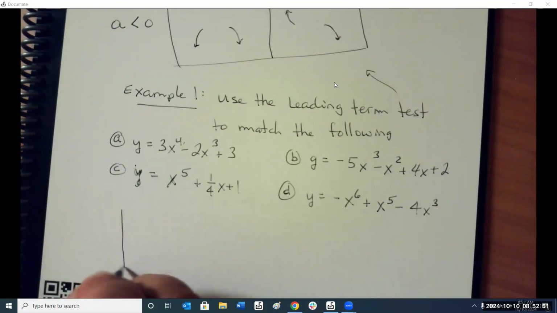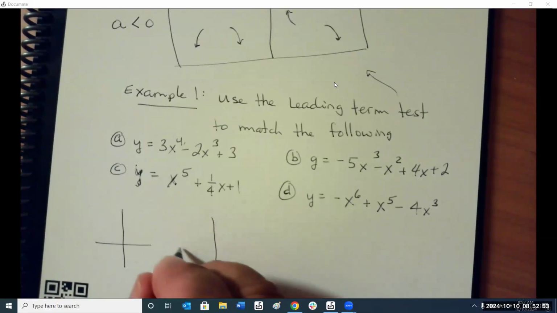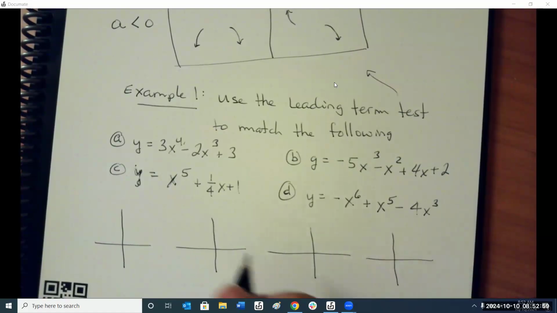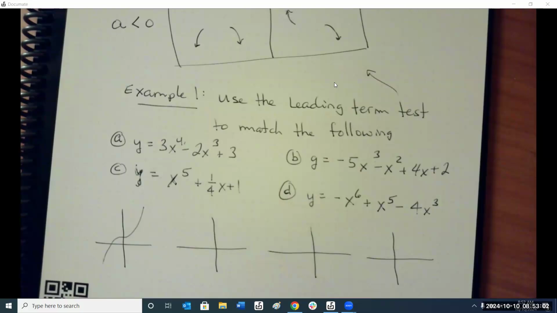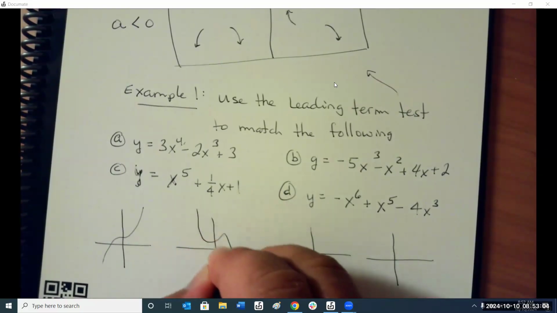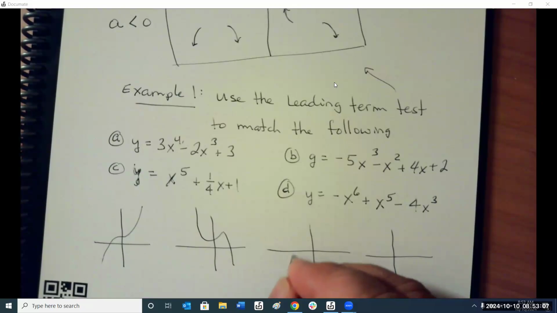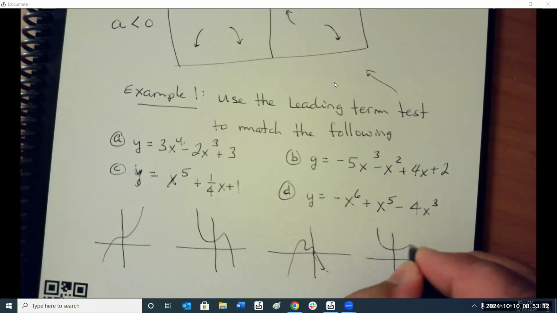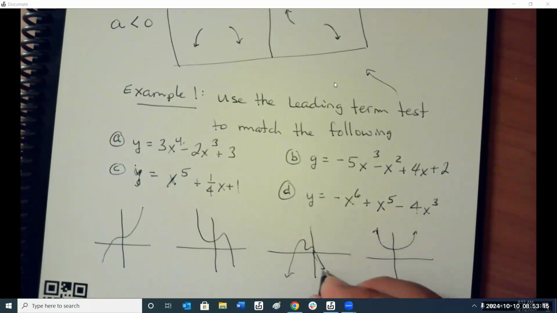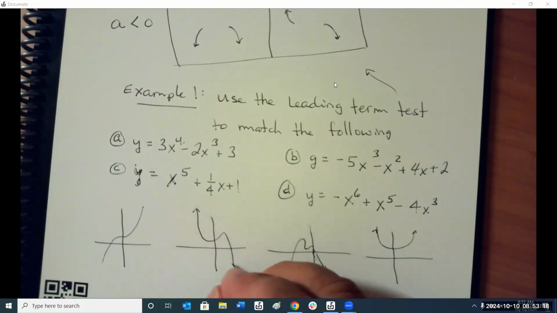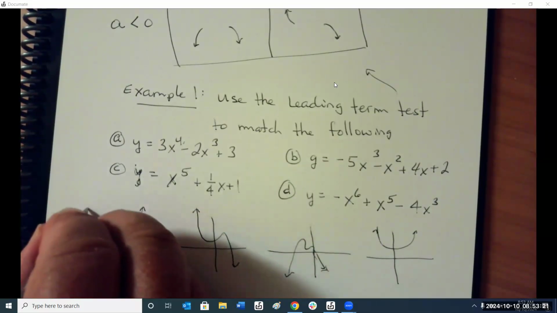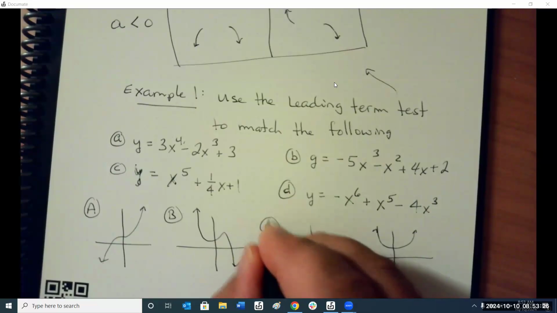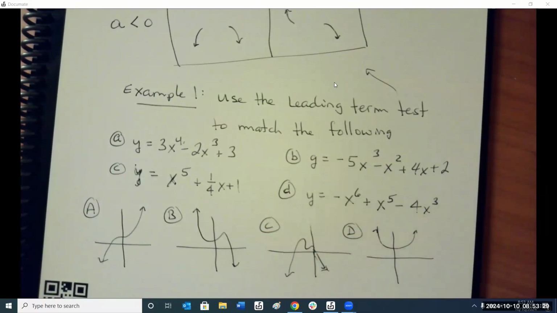And here are our 4 possible graphs. So that's capital A, capital B, capital C, and capital D.